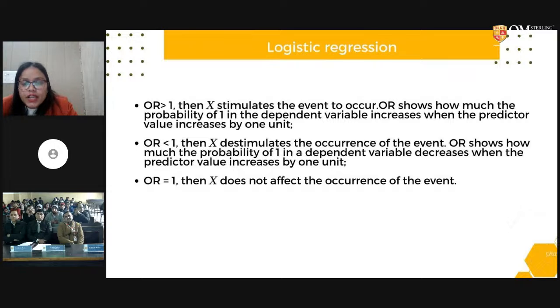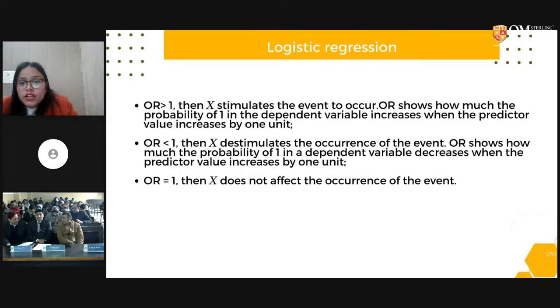Now we have to take into consideration the odds ratio. If your odds ratio is greater than 1, we can say that X stimulates the event to occur. This odds ratio shows how much the probability of 1 in the dependent variable increases when the predictor value increases by 1.